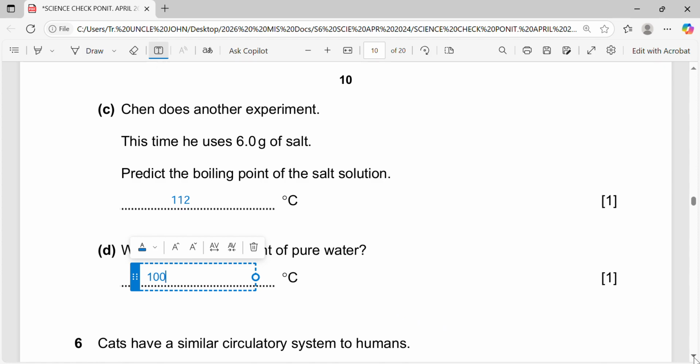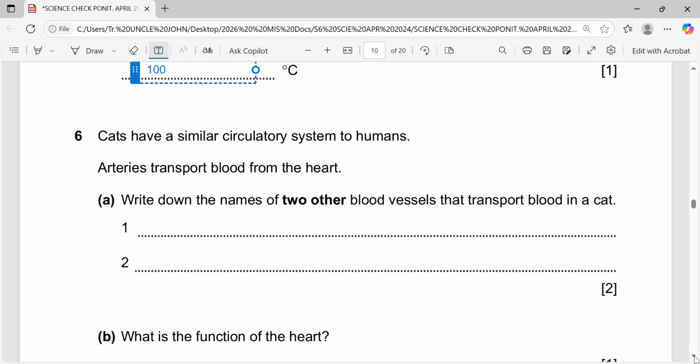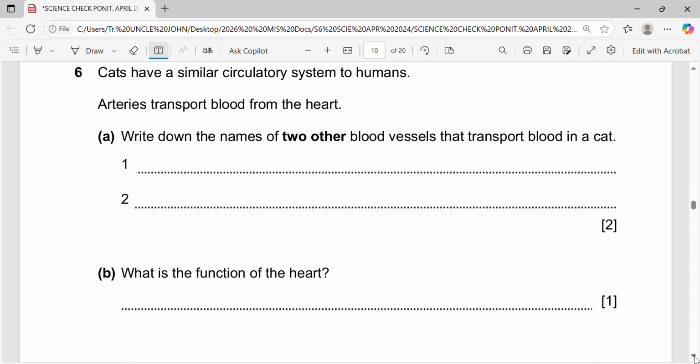Then we go to question 6. We can read it together. Cats have a similar circulatory system to humans. Arteries transport blood from the heart. A. Write down the names of 2 other blood vessels that transport blood in a cat.